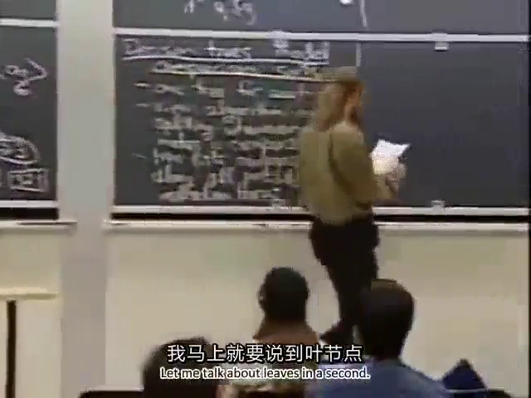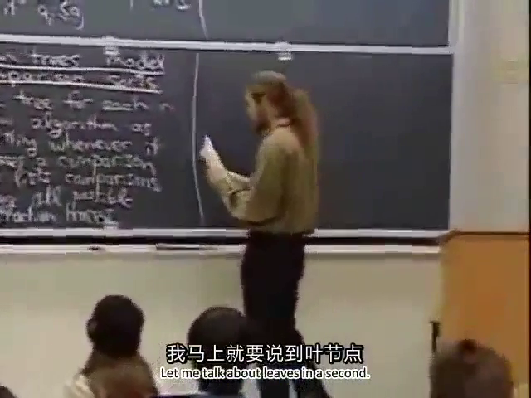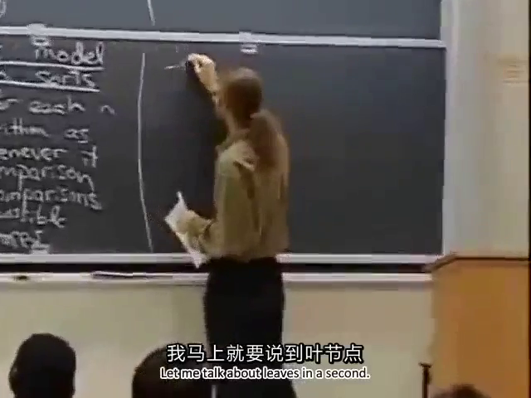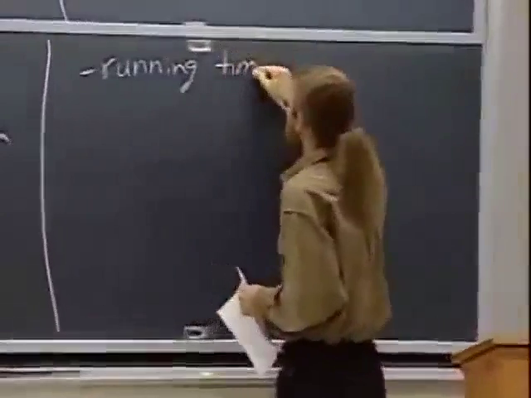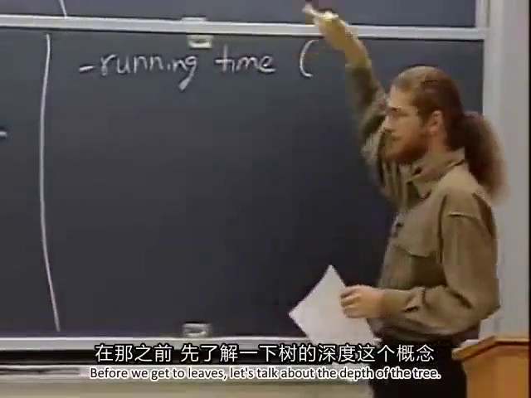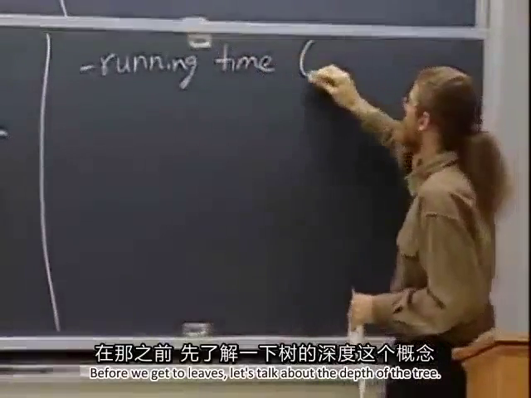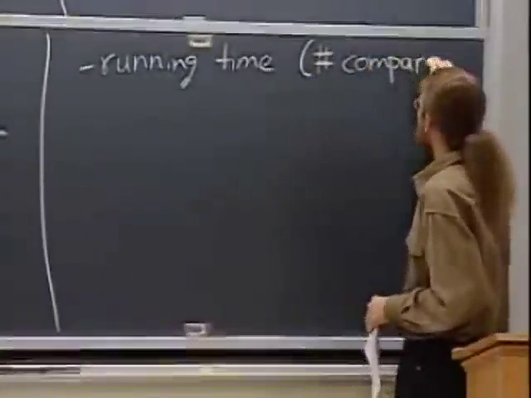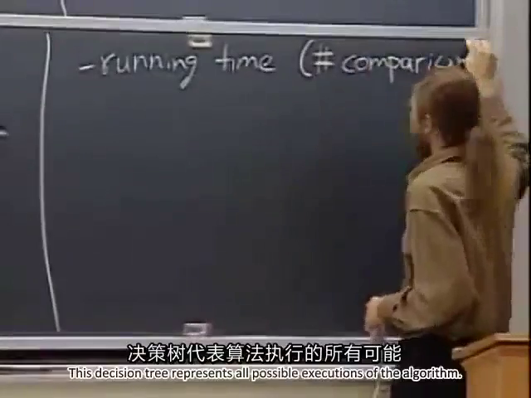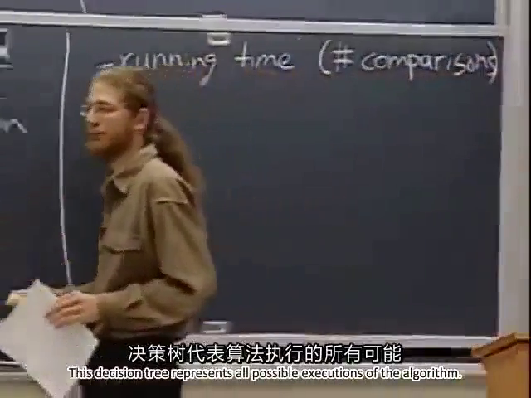Okay, so let me talk about leaves in a second. Before we get to leaves, let's talk about the depth of the tree. So this decision tree represents all possible executions of the algorithm.